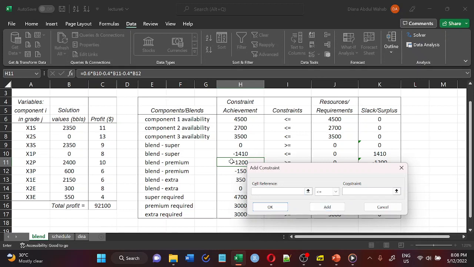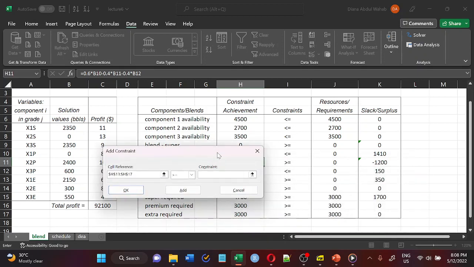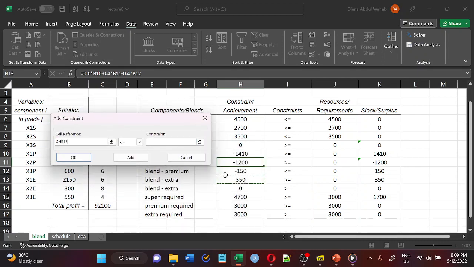And H11 is larger than J11, and then H13 to H17 is larger than J13 to J17, and the last one is H12, and this is lesser than J12.